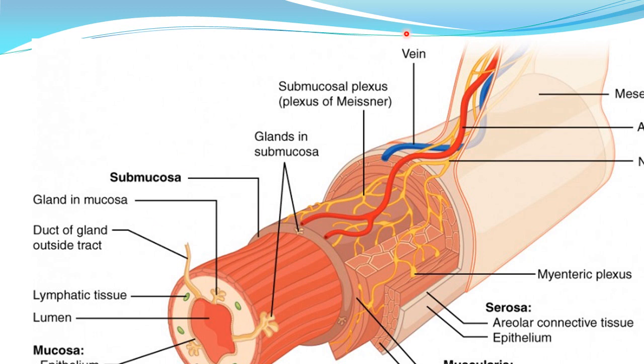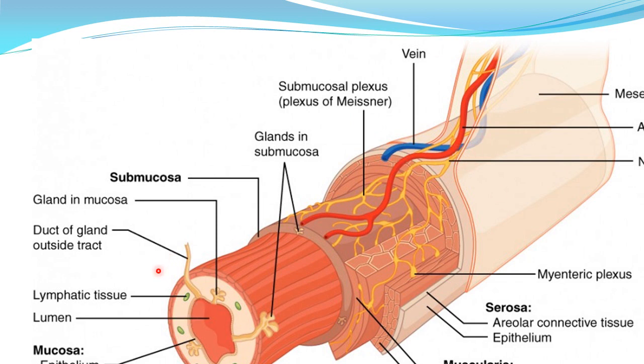This slide shows the four basic histological layers in the digestive tract, which are the mucosa, submucosa, muscularis layer, and serosa or adventitia.